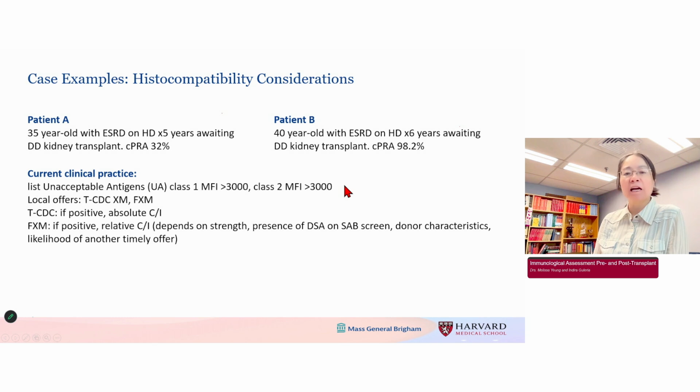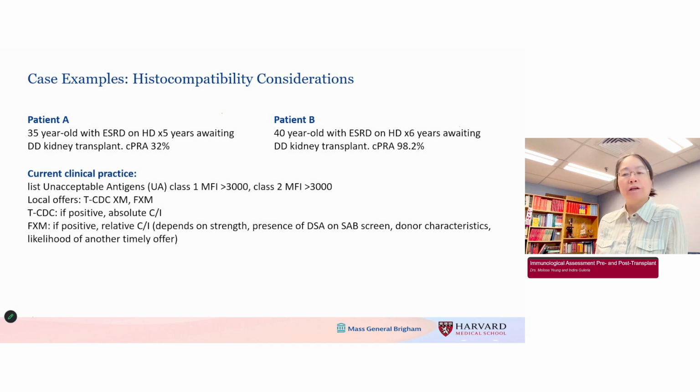And thereby, if you have those antibodies, you don't want the donor to have those antigens. And so your program will set various criteria for the thresholds of calling antibody. And this, of course, may very well be different from program to program, but also could be individualized as well.